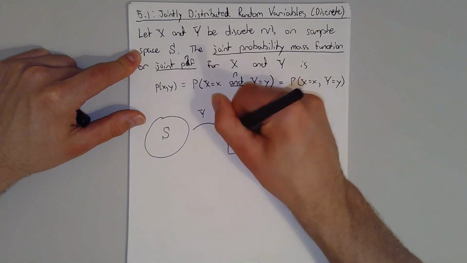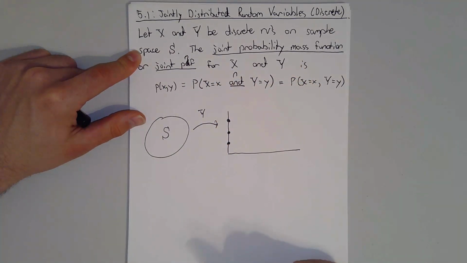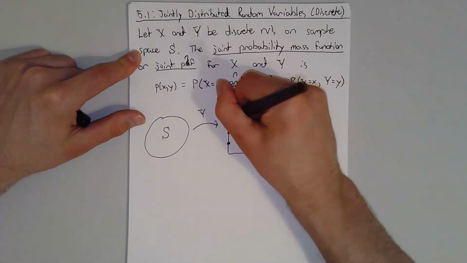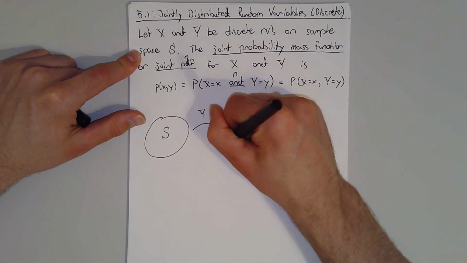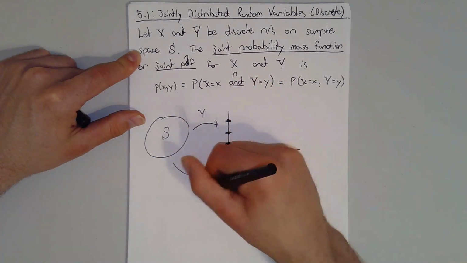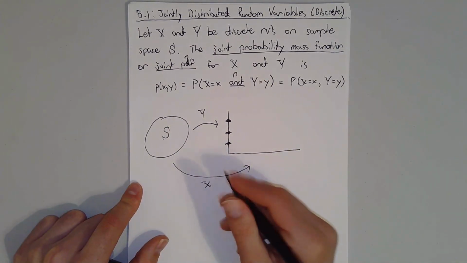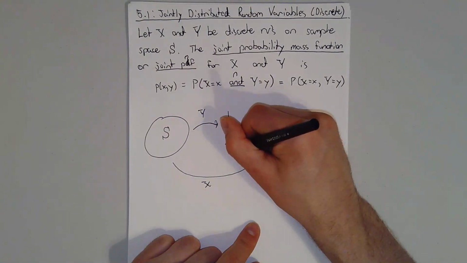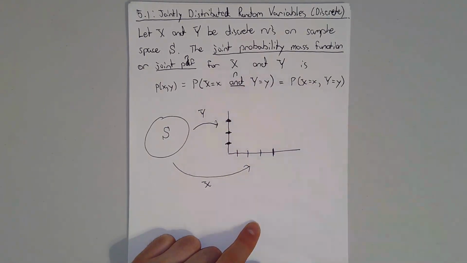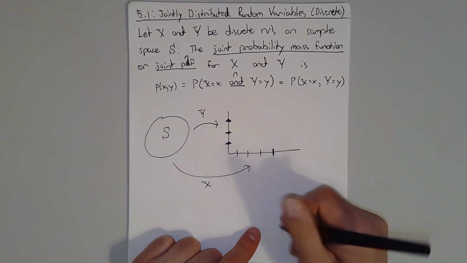To draw a picture, I'm going to say capital Y only takes on three values, so these three dashes here. But on the same sample space, we have another random variable X, and for simplicity, suppose capital X only takes on these four values.